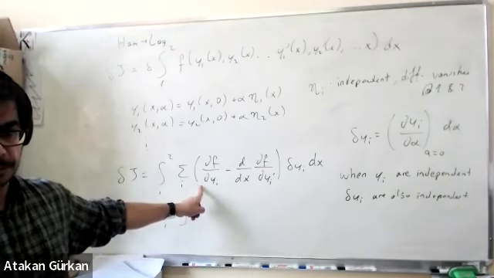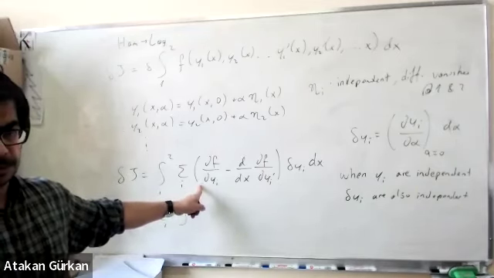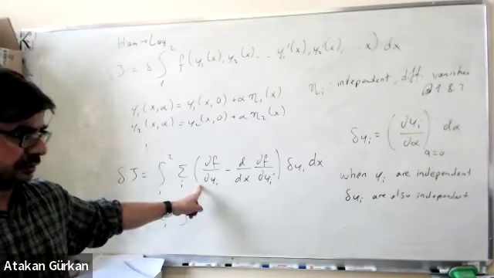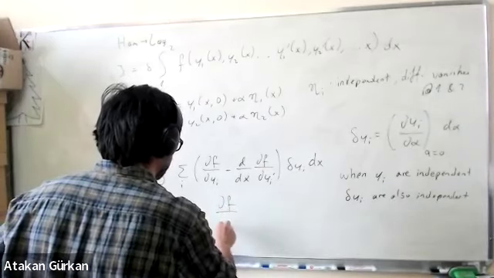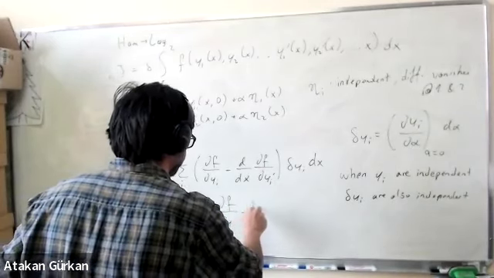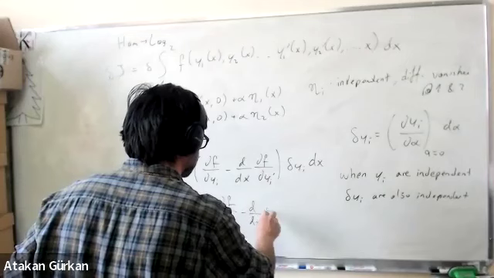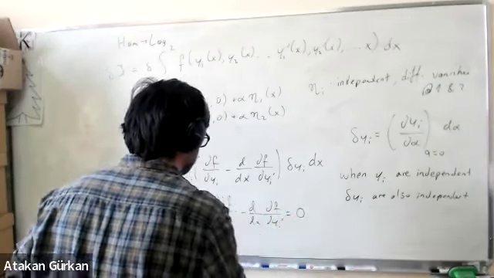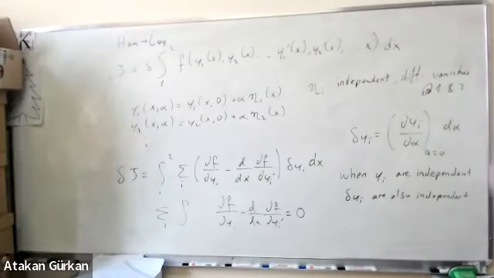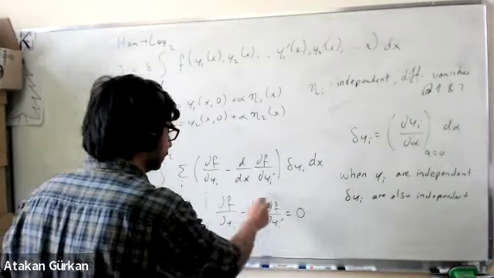There is no other way that I can make these vanish all the time. So then you end up with delta f by delta y_i minus d/dx of delta f by delta y_i prime equal to 0. So this is just taking the basic idea of writing the Euler equation for calculus of variations and generalizing it to multi-dimensions. So this is correct for every i.